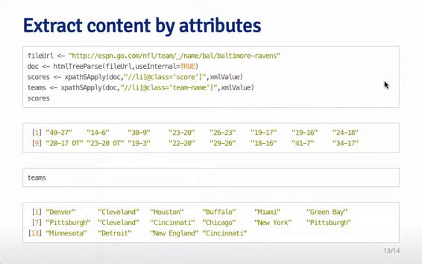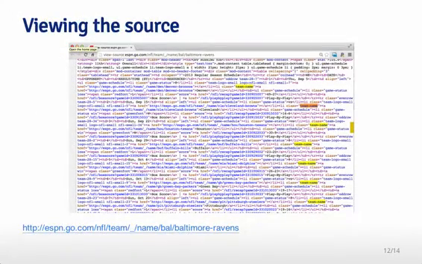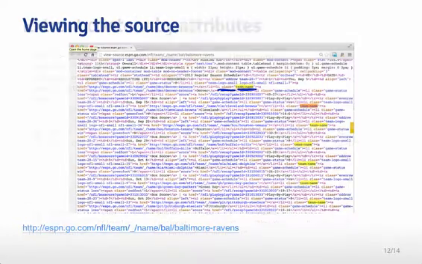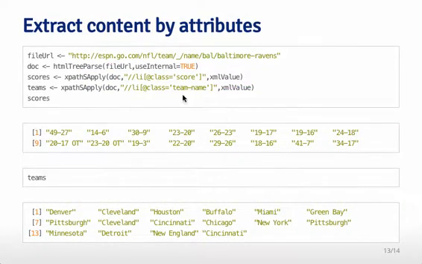It turns out if you go back to this website and look very carefully, you can see, for example, there are these list items, and the class in this case is equal to team name. And so the next element that I'm going to extract on this page is the team name. It's the same thing. I look for a list item with class equal to team name, and it will extract those team names.